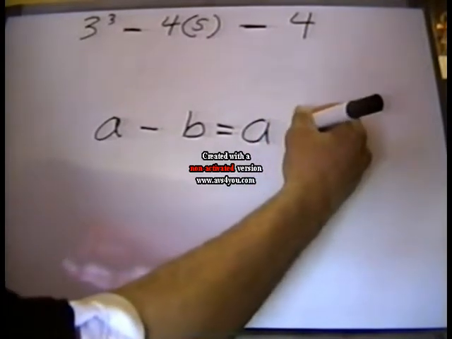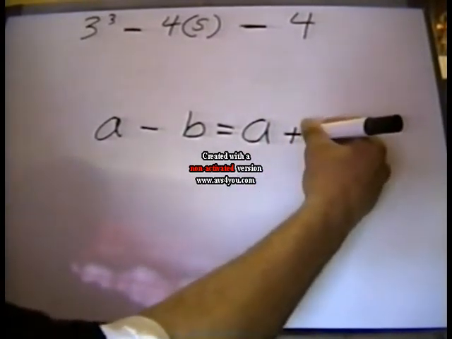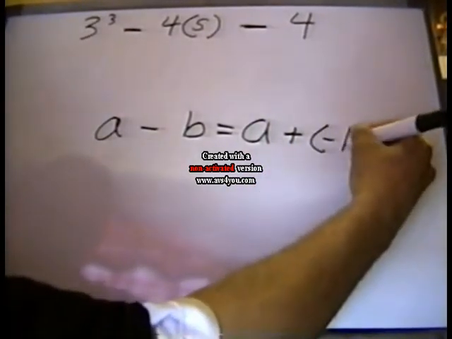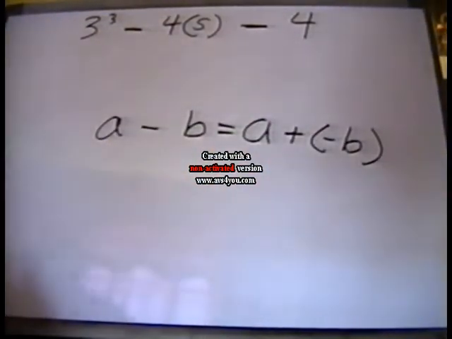We look at a subtraction as the addition of a negative number. That's another way to say that there's really no such thing as subtraction in algebra. You're not subtracting, you're adding a negative number.